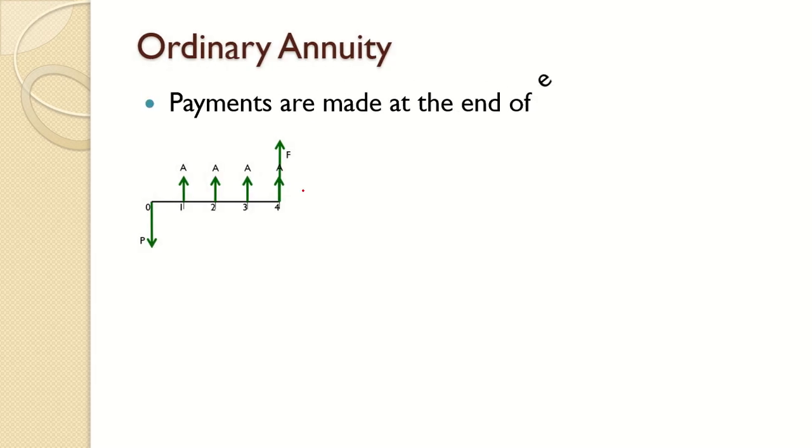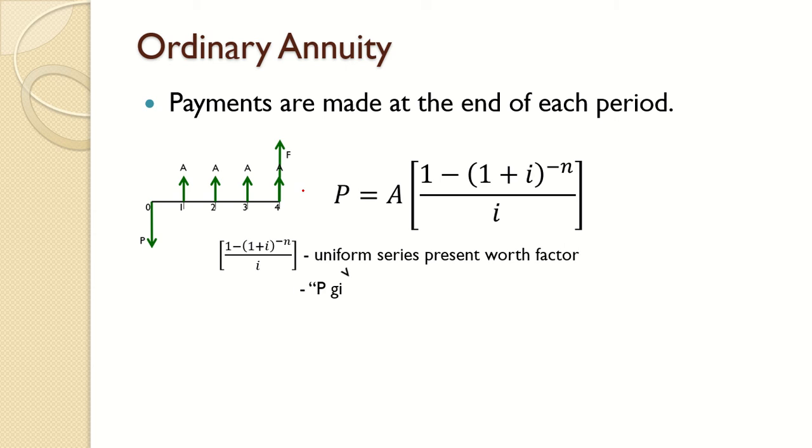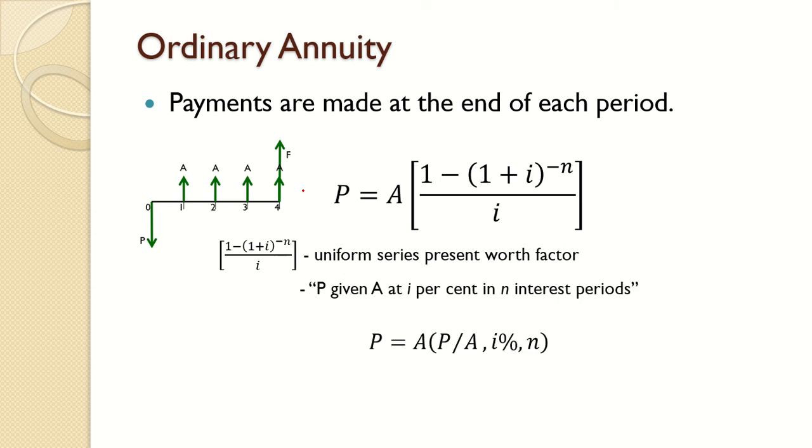Okay, now let's go with the formula of each type of annuity. This is how we solve for an ordinary annuity. When you have the equal payment, you can get the present worth.